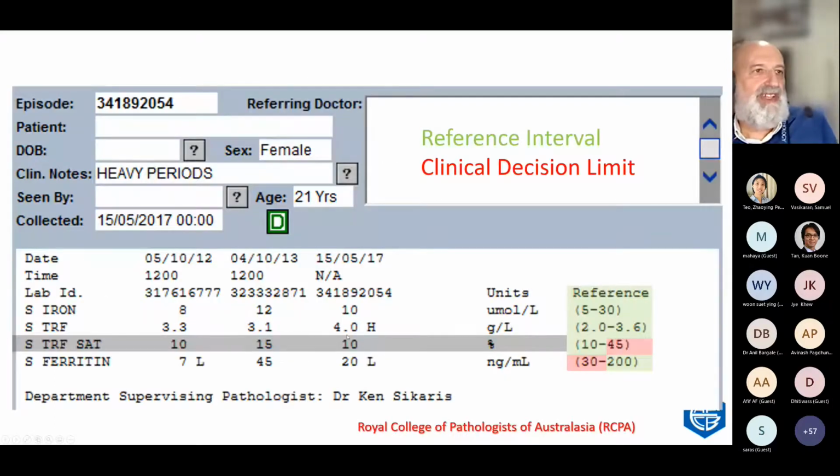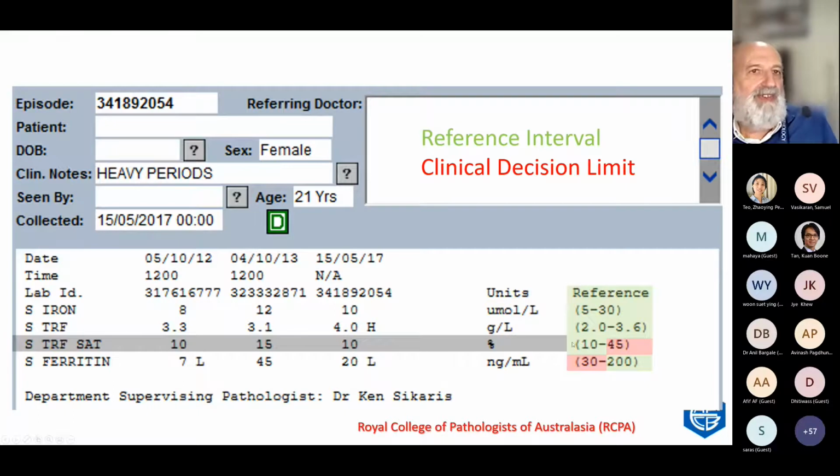So you can see here this patient had a transferrin level of 4. 4 times 25 is 100. 10 divided by 100 is 10%. So 10% saturation was what that woman had, which was borderline.